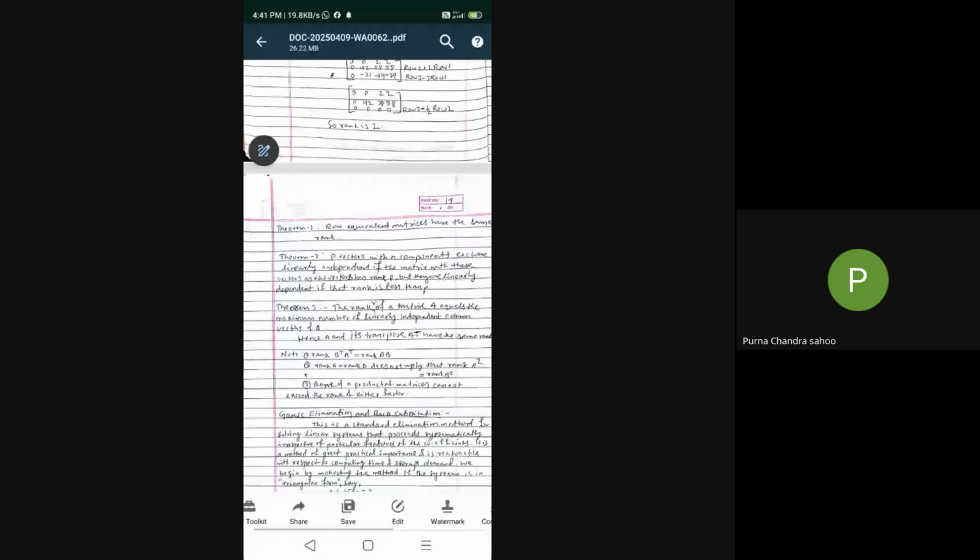Then theorem 1, row equivalent matrices have the same rank. Theorem 2, p vectors with n components each are linearly independent if the matrix with these vectors as row vectors has rank p, but they are linearly dependent if that rank is less than p.